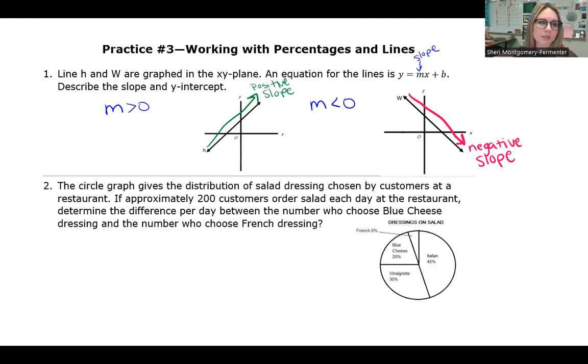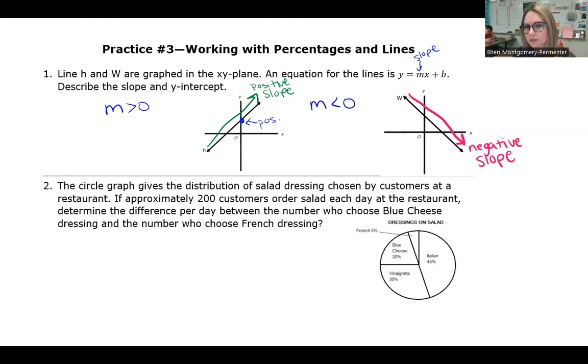The y-intercept is where you cross the y-axis. And so for the first one, that y-intercept where I cross the y-axis, that is a positive. It's above the x-axis, so it's a positive number.